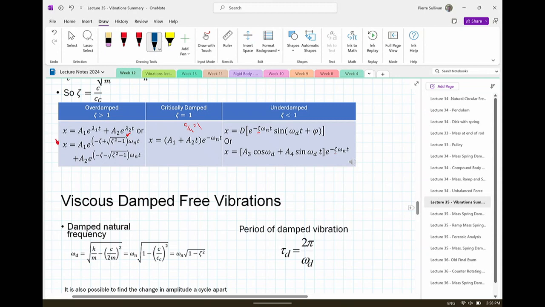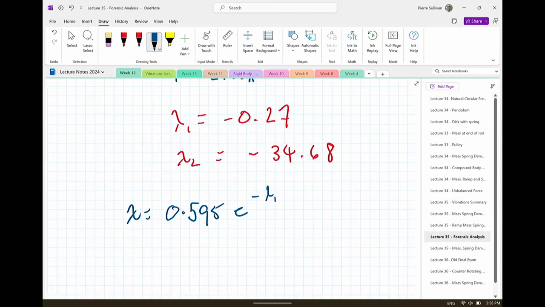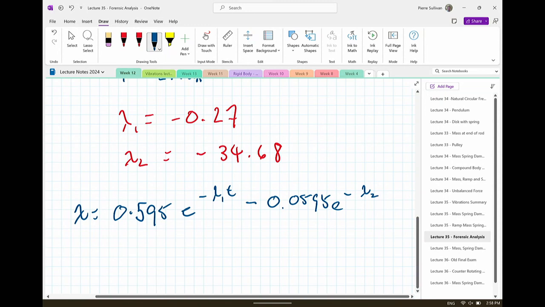Lambda 1. Oh, yeah, I'm just going to leave it as lambda 1 t minus 0.0595 e to the minus lambda 2 t. Oh, I think it's just lambdas here because I've already put them as negatives. Okay, and so I have a decreasing function that is going to start slowly, reaching 0 over some time.